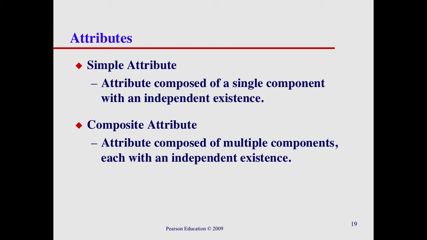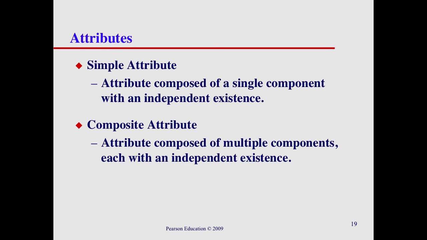So you might have an entire address as 1678 Cardiff Road, Columbus, Ohio, 43221. That's a composite address that has a street address, has a city, has a state, and has a zip code. Has 4 attributes, each with a physical existence.